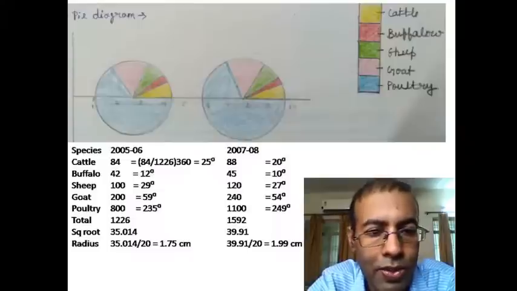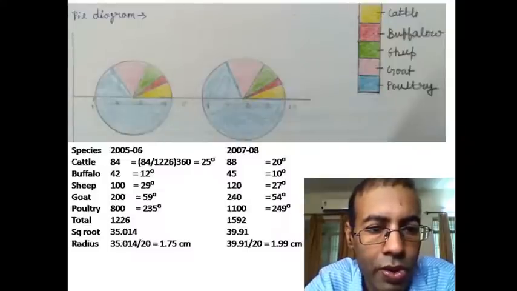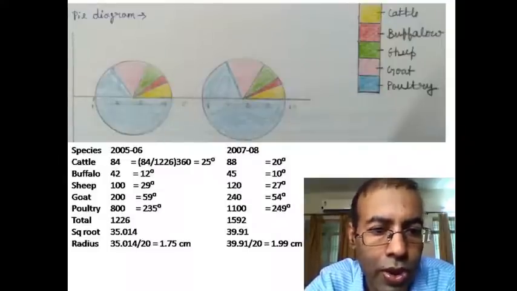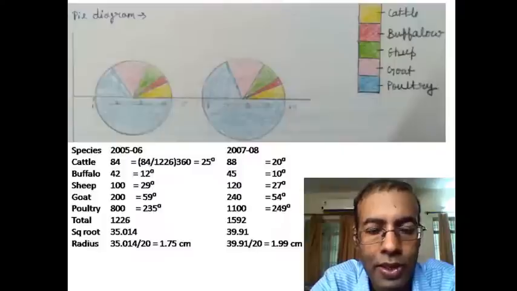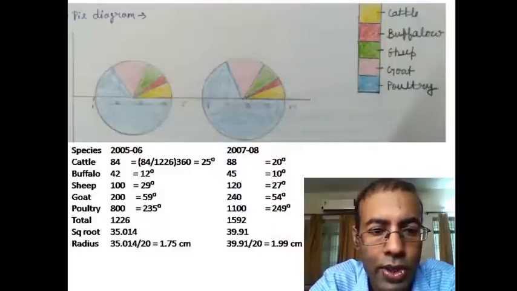The cattle population was 84, buffalo 42, sheep 100, goat 200, poultry 800 in 2005-6. In 2007-8, the number of cattle was 88, buffalo 45, sheep 120, goat 240 and poultry 1100.